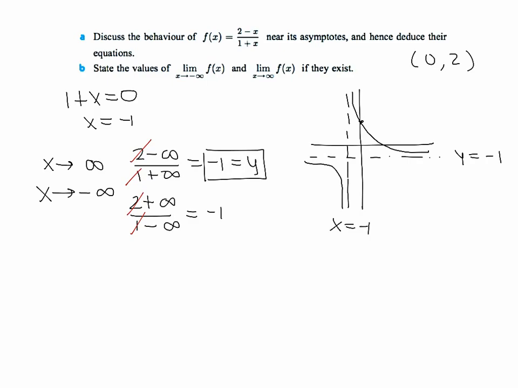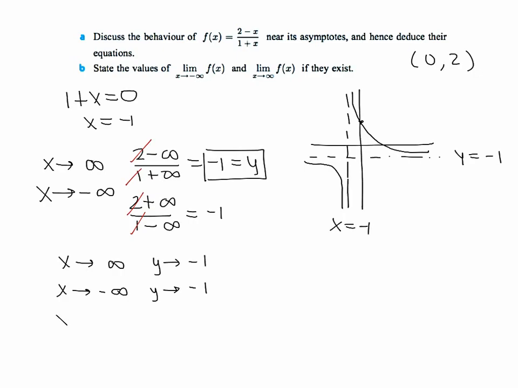So now let's look at the behavior near its asymptotes. As x is approaching infinity, y is approaching -1. As x is approaching negative infinity, y again is approaching -1.